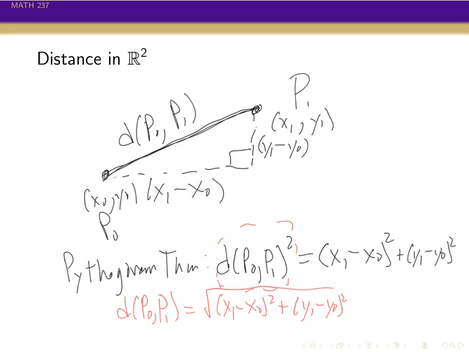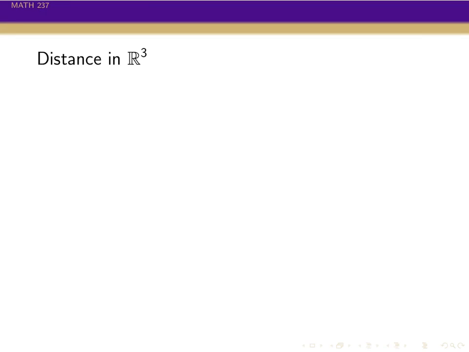So this is distance in R2. Hopefully you're very familiar with this. Okay, what about doing distance in R3? So now we've got three coordinates, x0, y0, z0, call this P0, and then we've got some other point in R3.